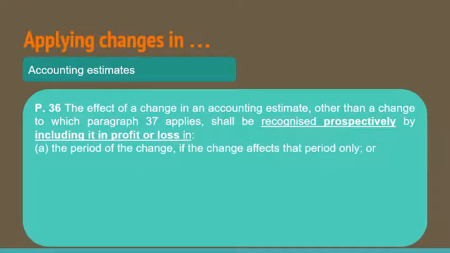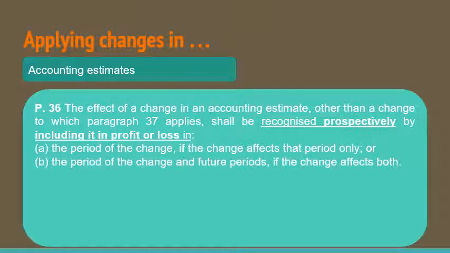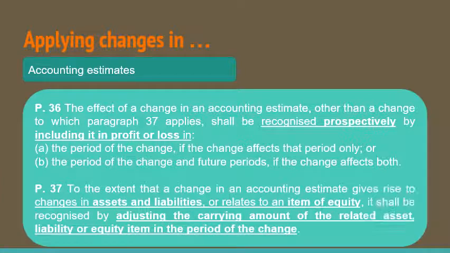It should be shown in the period of change if it affects that period only, or in the period of change and future periods if it affects both current and future periods. And if the effect gives rise to changes in assets and liabilities or relates to an item in equity, the carrying amounts of the related assets, liability or equity must be adjusted in the period of change.